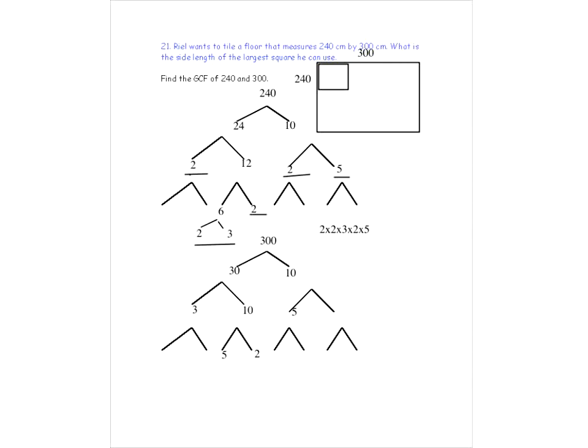Okay, so let's look at the prime factors here. We got a 3, first of all, got a 5, we got a 2, got another 5, and a 2. Let's write all those down. Okay, so we got 3 times 5 times 2 times 5 times 2. Okay, so can anybody tell me which numbers from these numbers here are going to be in common?